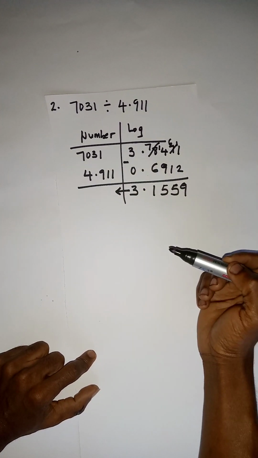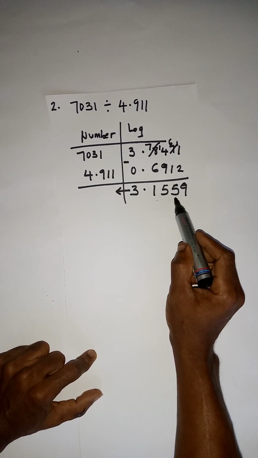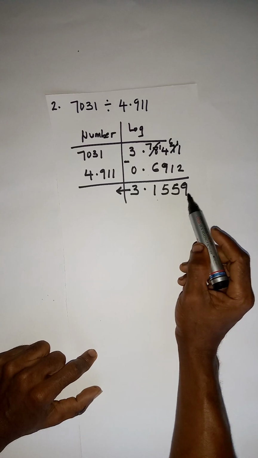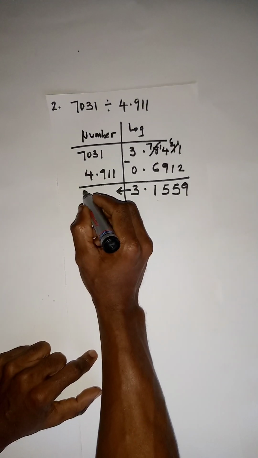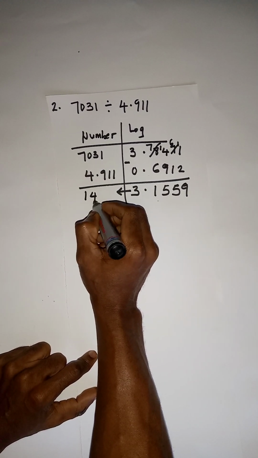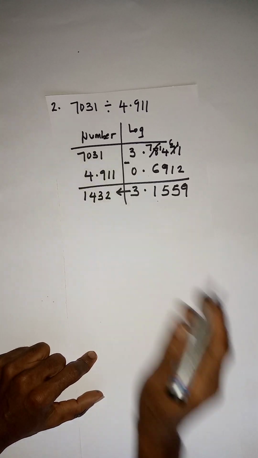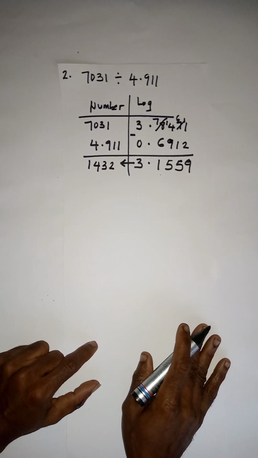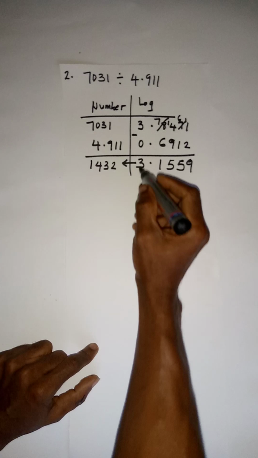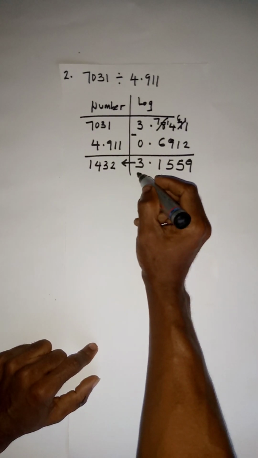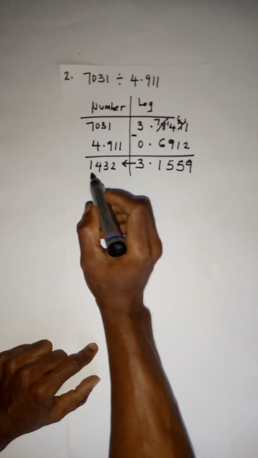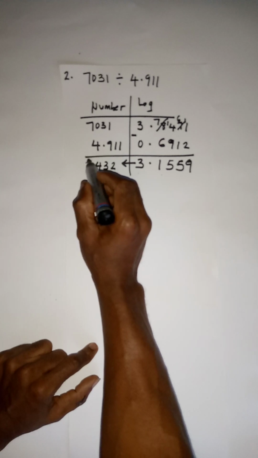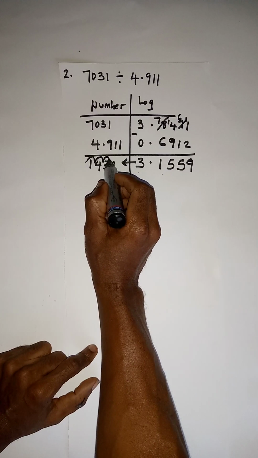So for the antilog, you're going to look at 15 under 5 difference 9. If you check that correctly, we're going to have 1432. 1432 becomes the antilog. Again, we add 1 to this value here, it becomes 4. So we move our point 4 places. It's 1, 2, 3, 4.